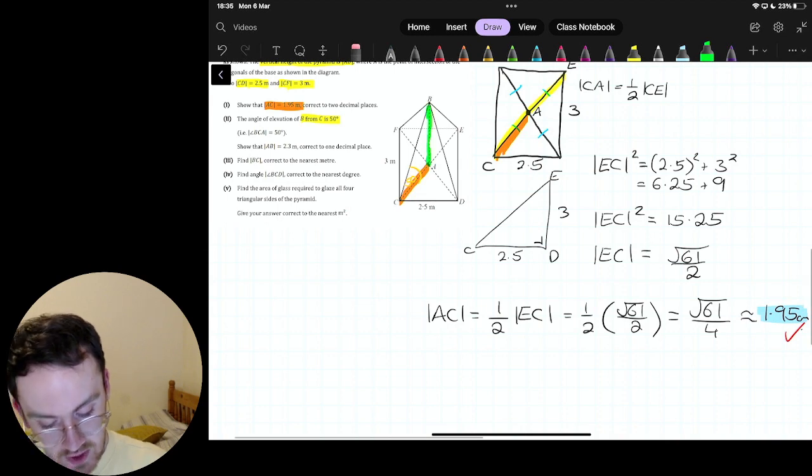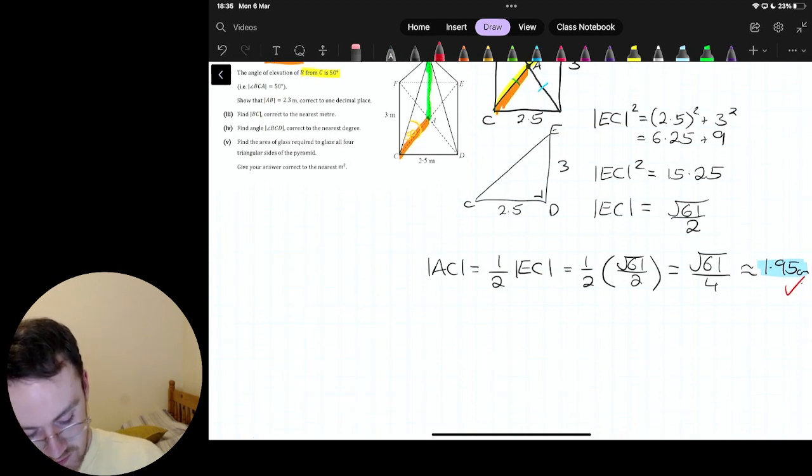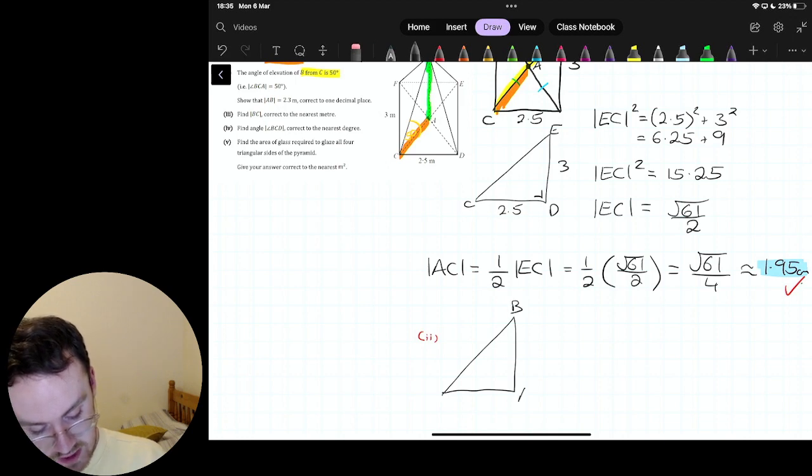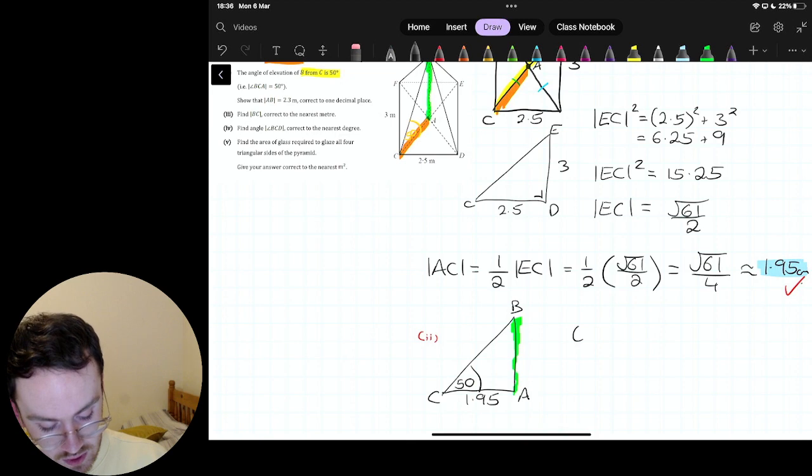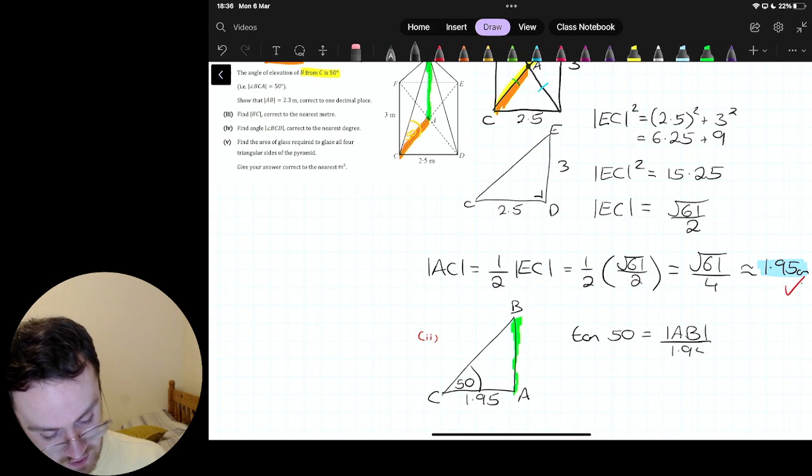Okay, so in terms of the information that I have, if we draw out our triangle, the triangle that involves all the sides that we have, or all the sides that we're looking for. So we'd be up here, A and C. We know that AC is 1.95, and we know that this angle is 50. And we want to find the green side, which was our AB here. So we can use our trig ratios. So tan of 50 is AB over 1.95.